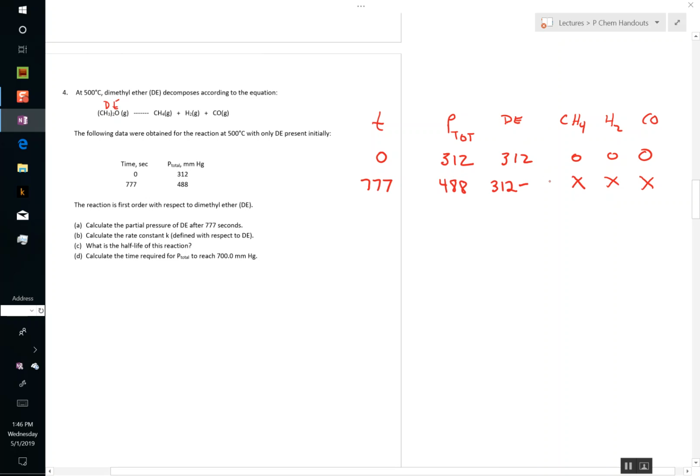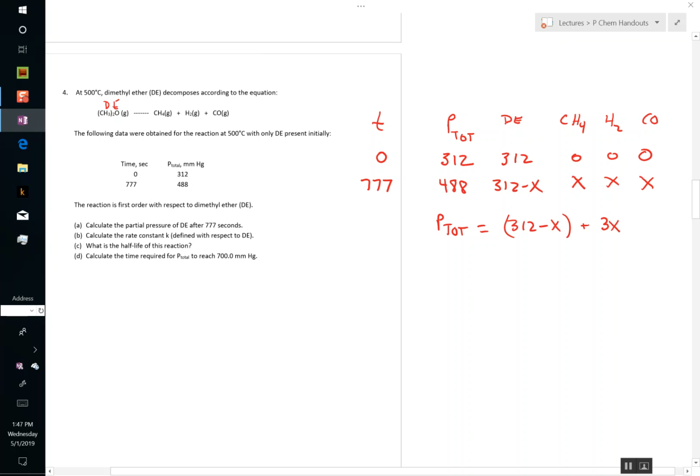minus, let's see, what is that going to be? This is going to be 312 minus X. For every 1 X, you get 3 additional X's. So the total pressure is going to be 312 minus X plus 3X, right?